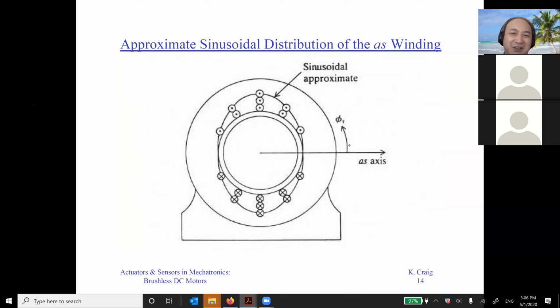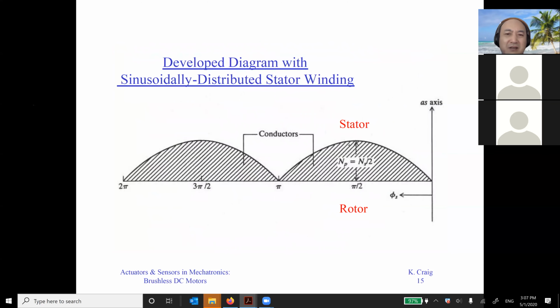So this is a two-phase winding. Therefore, you are generating a sinusoidally changing magnetic field. Make sense?